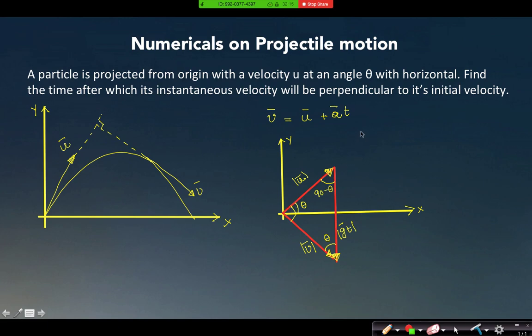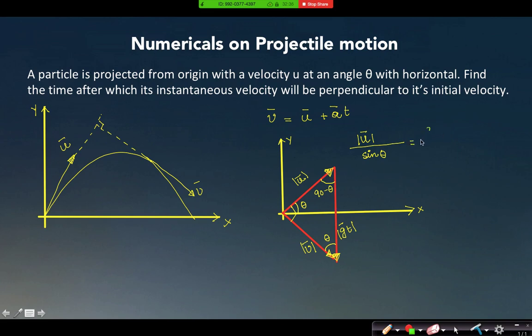So if I use the sine rule, what is the u modulus divided by? With which factor will I divide the modulus of u? Sine theta. u by sine theta. Do you remember the sine rule, everyone? Okay, u by sine theta.